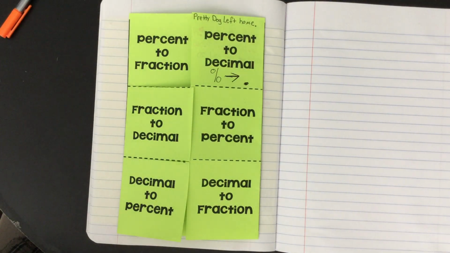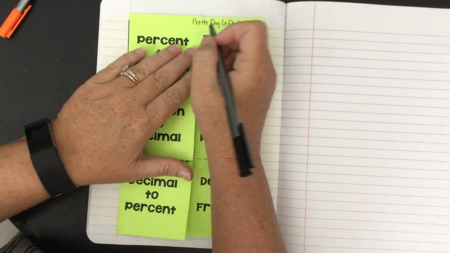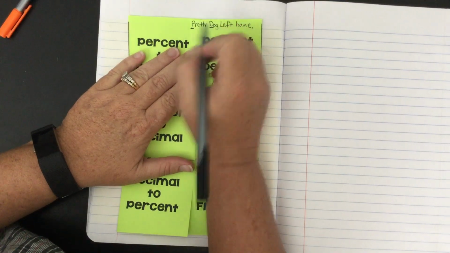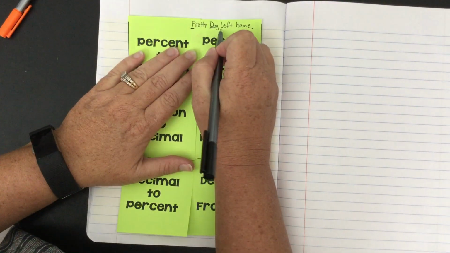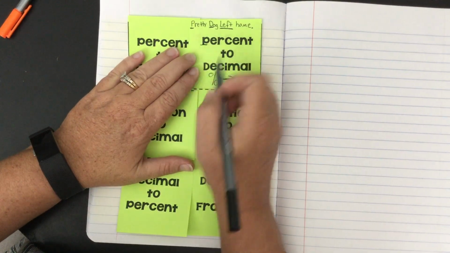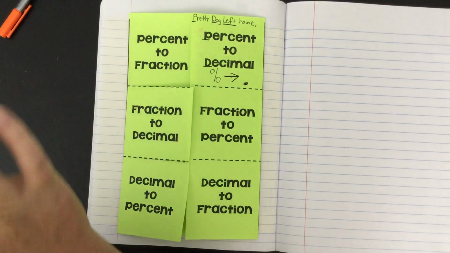Isn't that sad? The pretty dog left home. That's just a nice little sentence: if I'm going percent to decimal, I'm going to go left. Percent to decimal, I go left. So you just need to remember that little saying, pretty dog left home.